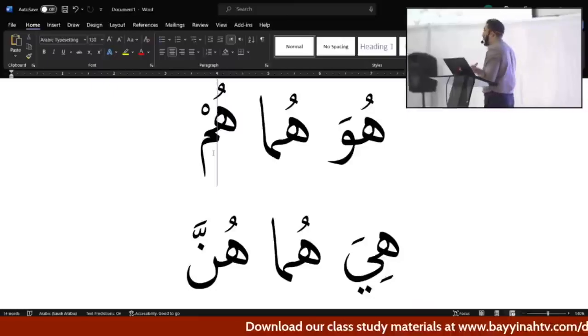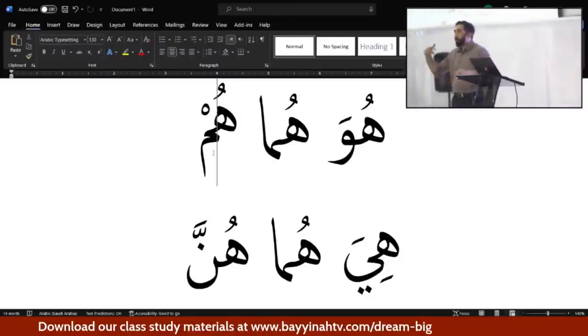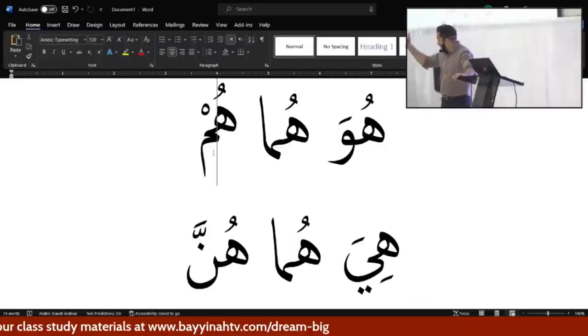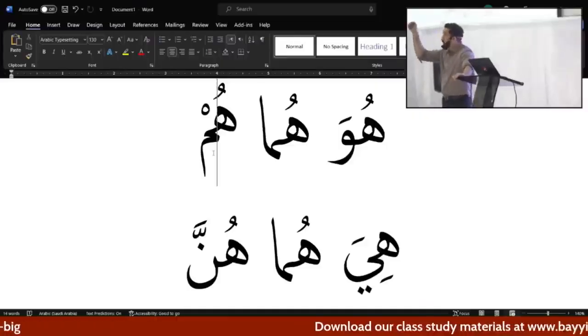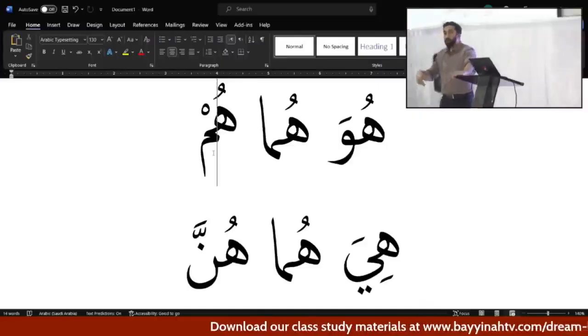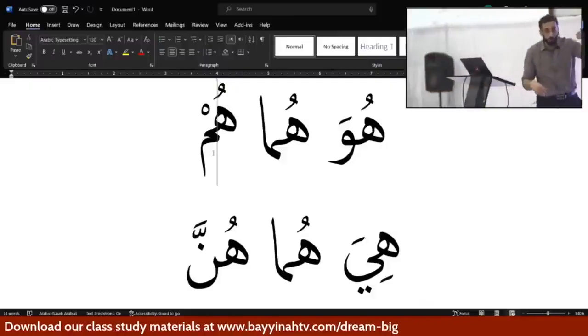So, for example, what are the two cousins of huwa? Hu or hi. Hu could be nasab or jar, and hi could also be nasab or jar. But if you want rafa', you have to go to the independent original one, which is what? So the rafa' version is huwa, the nasab version is hu or hi.